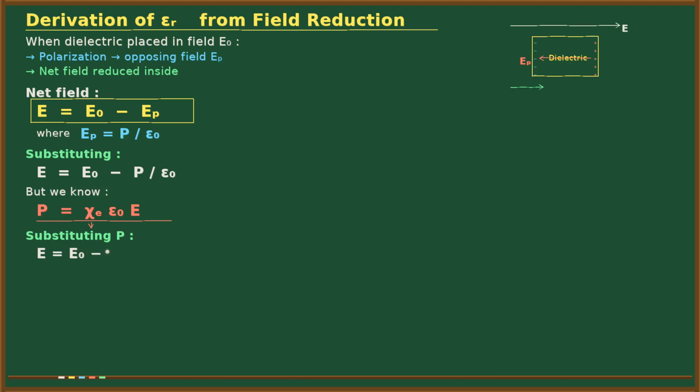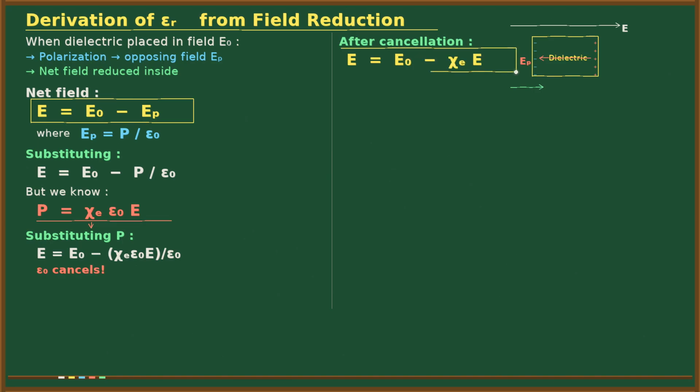Substituting, E equals E naught minus P over epsilon naught, but P equals chi sub E epsilon naught E. So E equals E0 minus chi sub E epsilon naught E over epsilon naught.